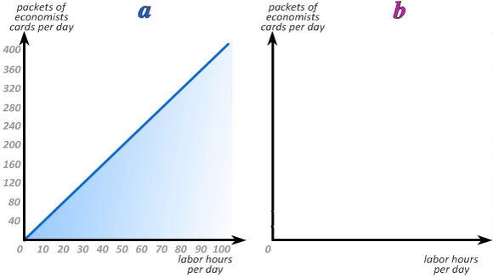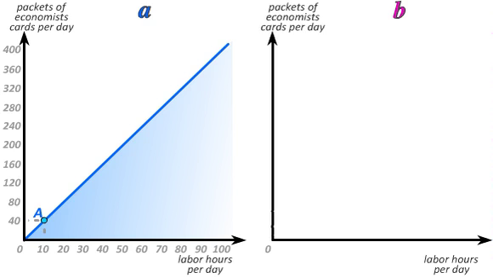We put labor hours on the horizontal axis and output, in this case packets of economist cards, on the vertical axis. And then for any hour that we hire, we go up by 4 because each hour can produce 4 packets of economist cards. We therefore get a line that has a slope of 4.